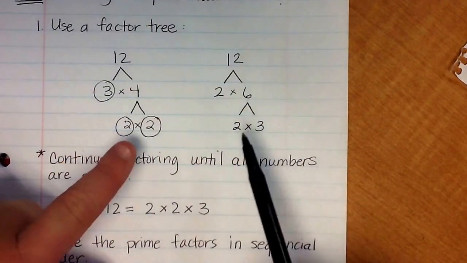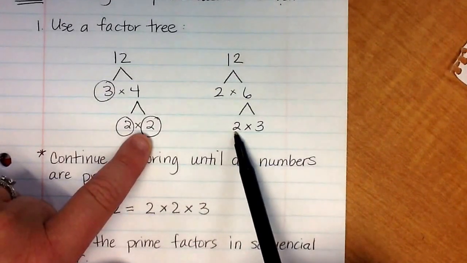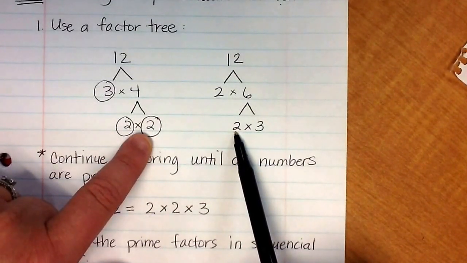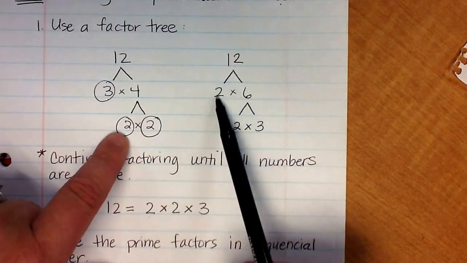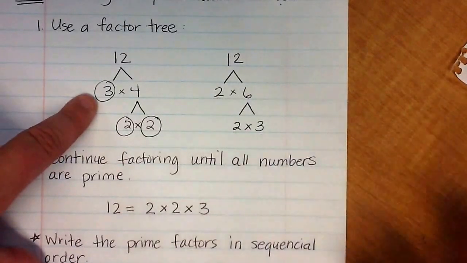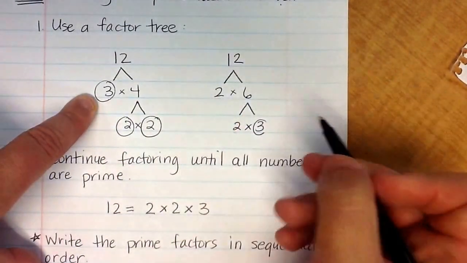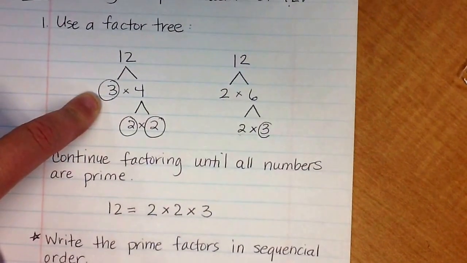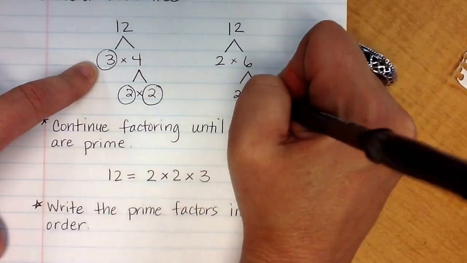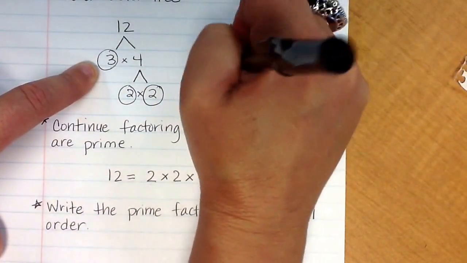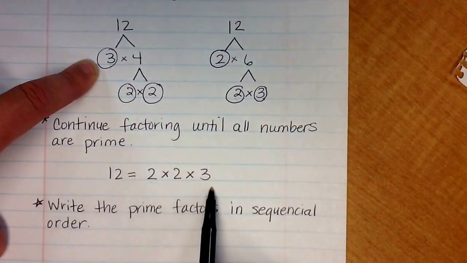Now you'll notice here, no matter which way I do it, I get the same primes. 2 and 2, 3. And as I write them down, again, I circle them. You should be writing them in sequential order, but they're going to be the same.